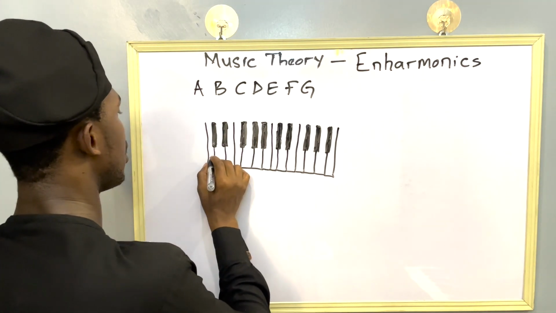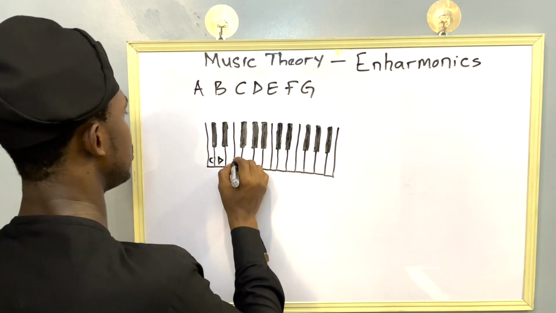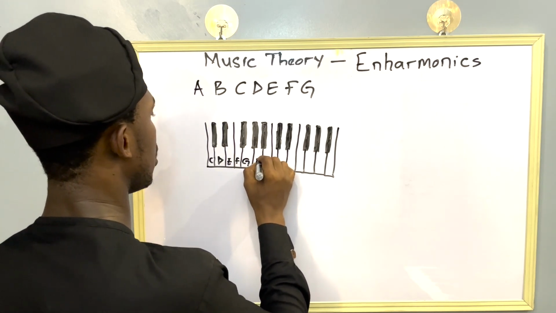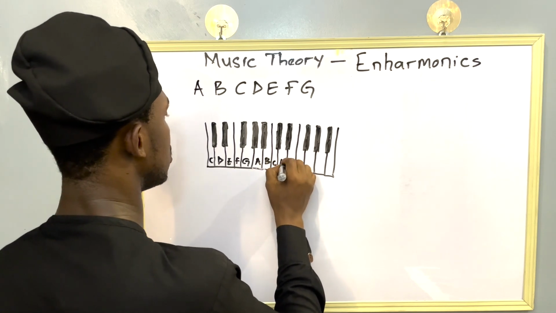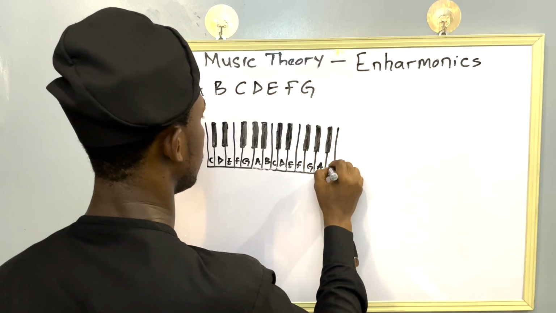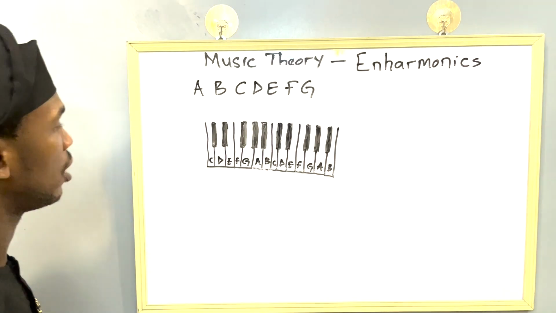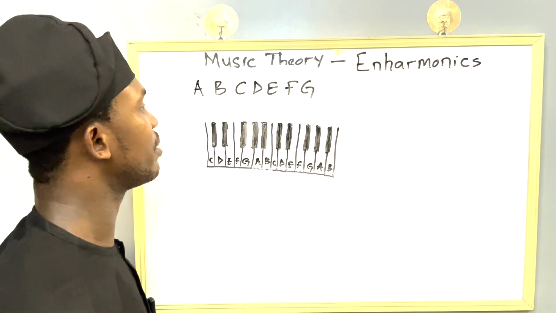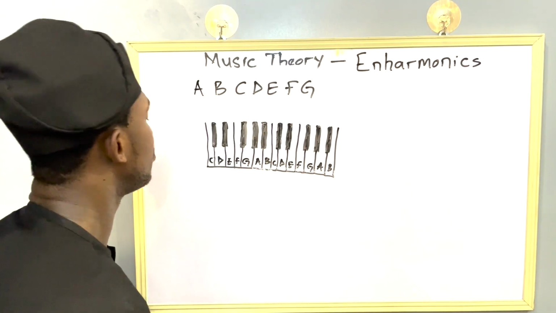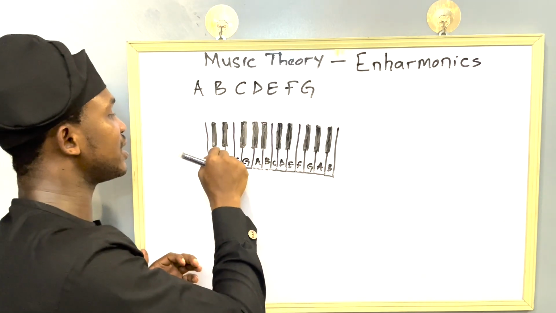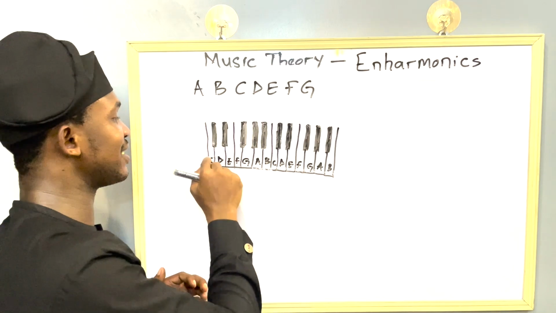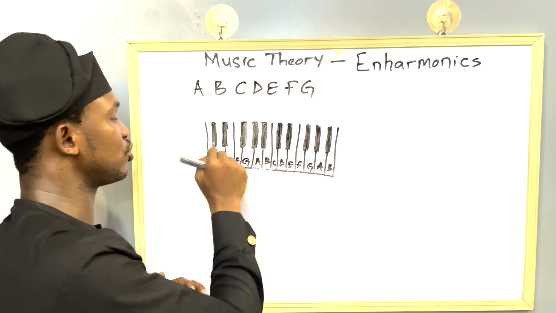So we have our C here, we have our D, E, F, G, A, B, C, D, E, F, G, A, B. Talking about enharmonic notes, these black keys each stand in between two white keys.